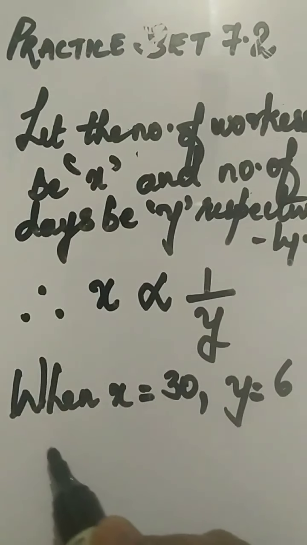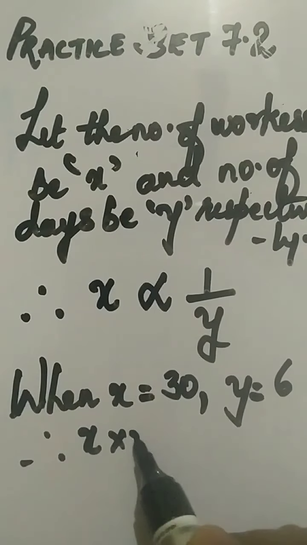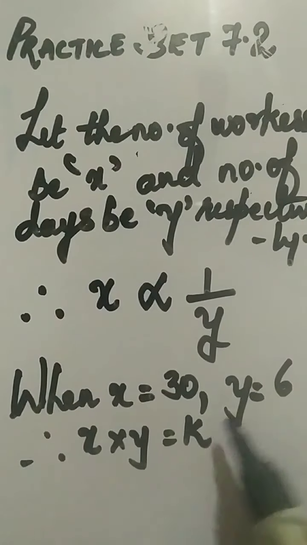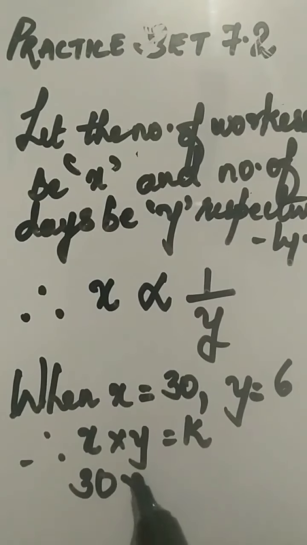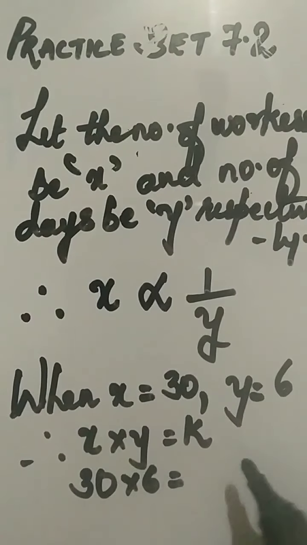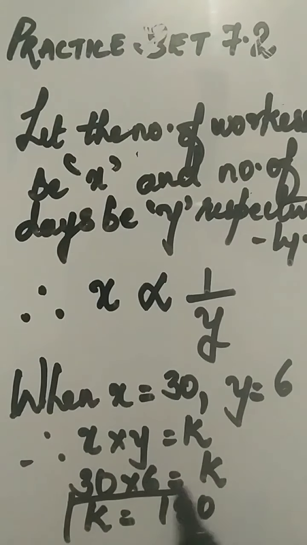For inverse variation you will multiply. So x multiplied by y will give you the constant k. 30 multiplied by 6 will give you k. So k is equal to 30 into 6, which is 180. Put it in a box. So now you got your constant k, 180.